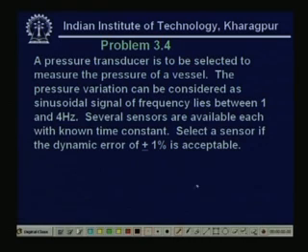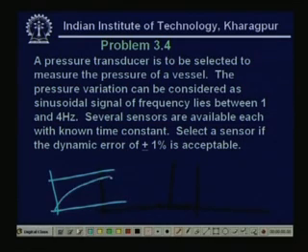It is a first order system, it can never overshoot, so it is always minus 1%, and you have to find the time constant of the system, or rather the range of the time constant.